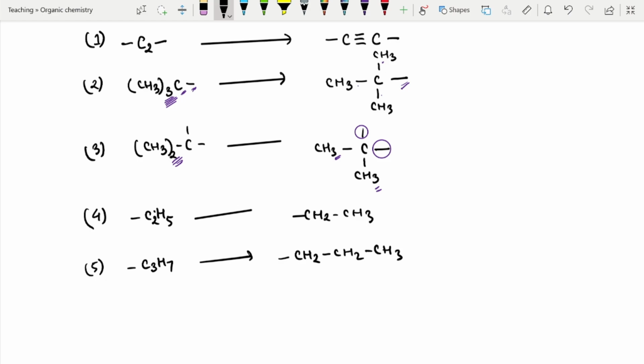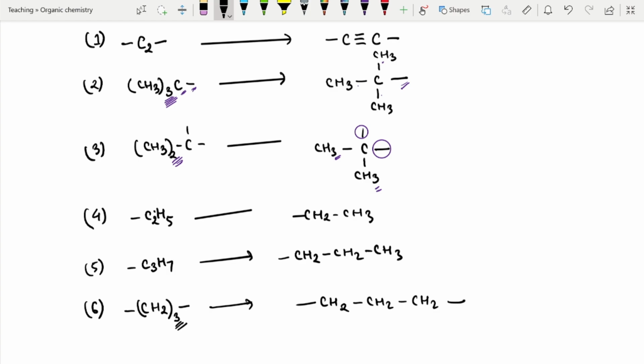And last but not the least, CH2, which is about the methylene group. For example, there are 3 methylene merged together, so here we can see there are 3 methylenes, right? So if we split, we will find 3 methylenes, CH2 bond CH2 bond CH2 bond.